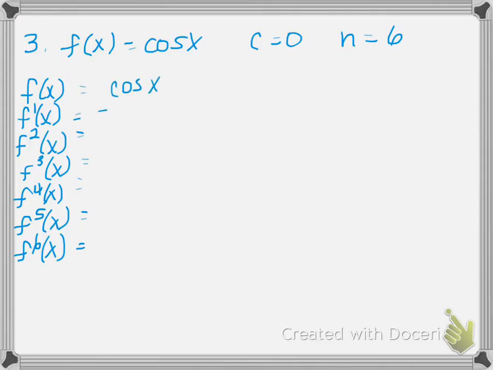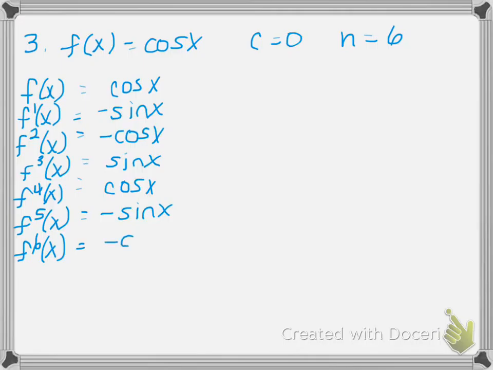The derivative of cosine is negative sine. The derivative of negative sine is negative cosine. The derivative of negative cosine is positive sine, and then cosine, and then negative sine, and then negative cosine.